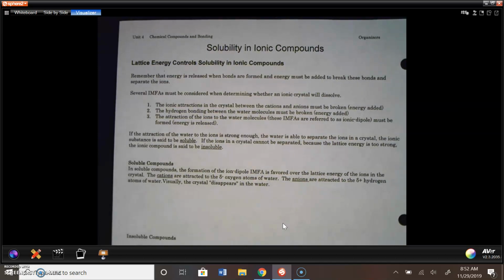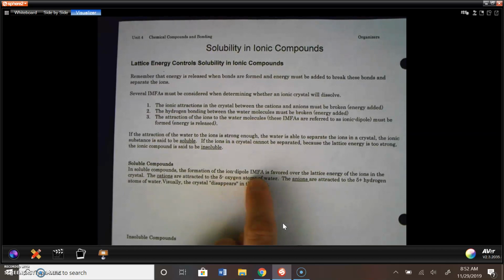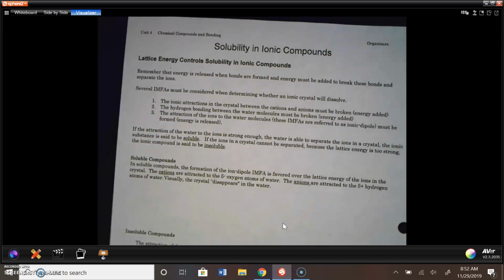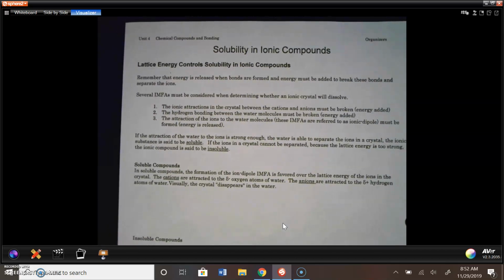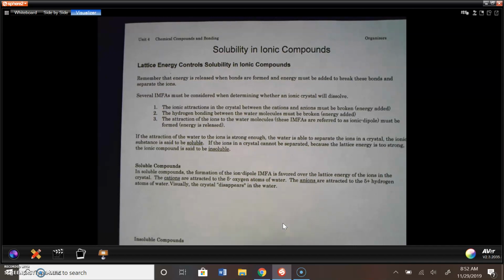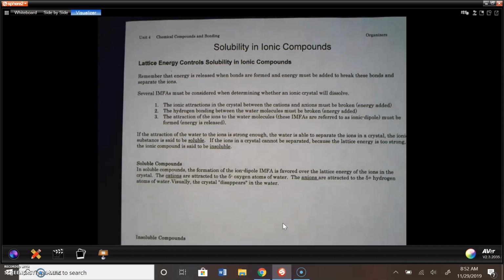So if a substance is soluble, the formation of those ion dipole attractions, the cations and the anions to the dipoles in the water molecule, that attraction is going to be very strong, and so the substance will dissolve. And remember I said that the cations are going to be attracted to the negative oxygen, the anions are going to be attracted to the positive hydrogen.